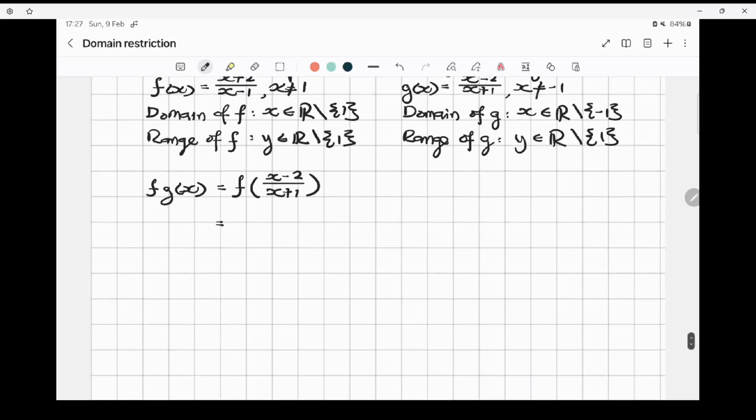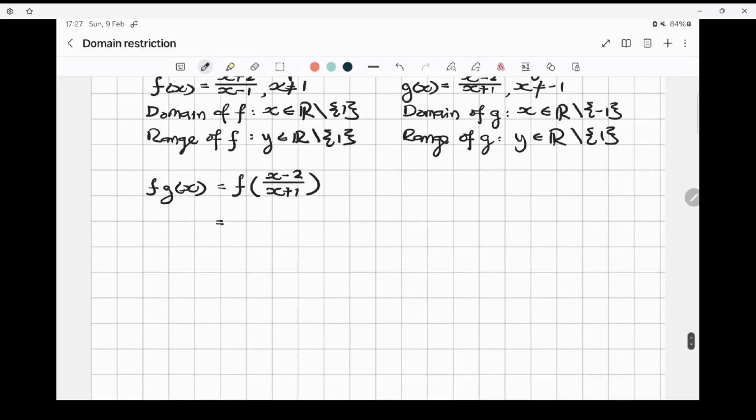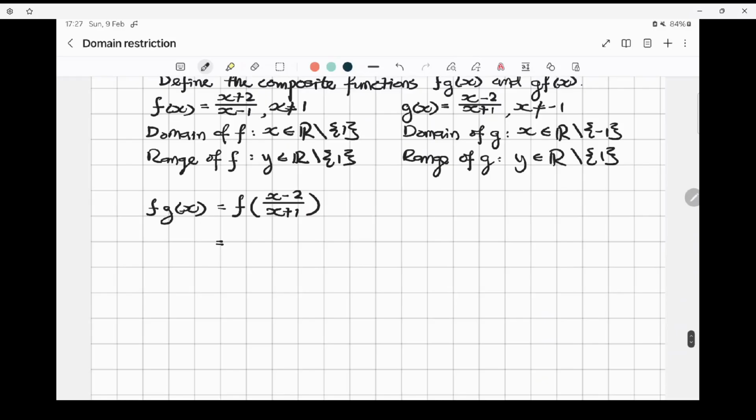This is a slightly more complicated process. So this will be x minus 2 divided by x plus 1 plus 2, divided by the whole thing, x minus 2 divided by x plus 1 minus 1. So let's expand it.